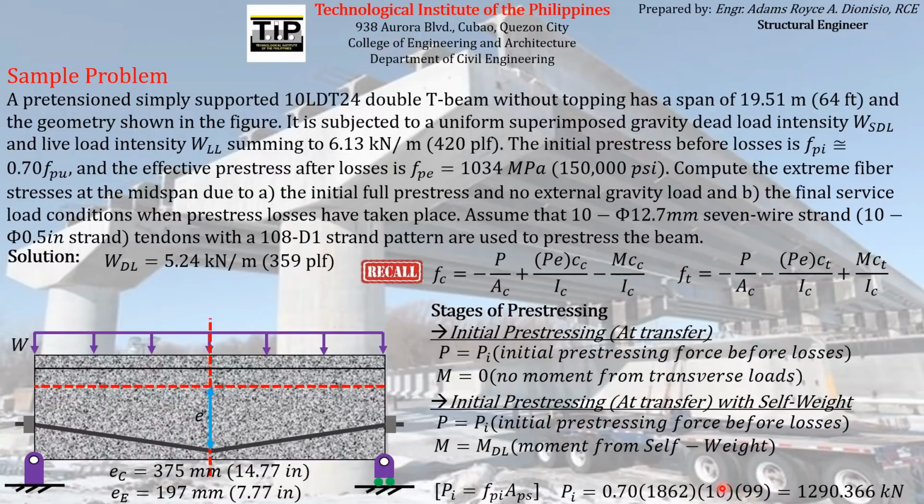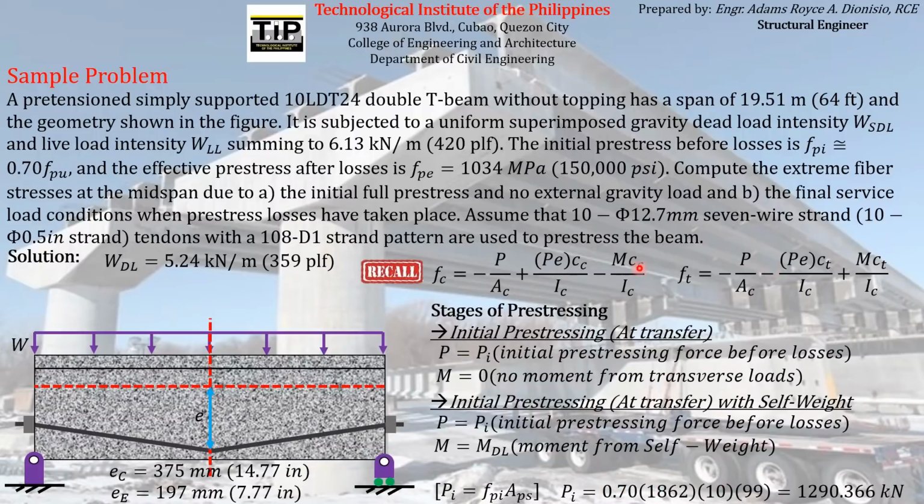I suppose you can already understand how this value was computed. You just have to divide this product by 1000 to make it in terms of kilonewton. So that is the magnitude of PI.